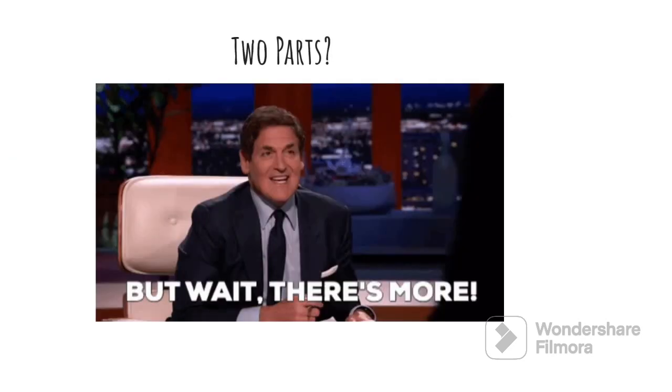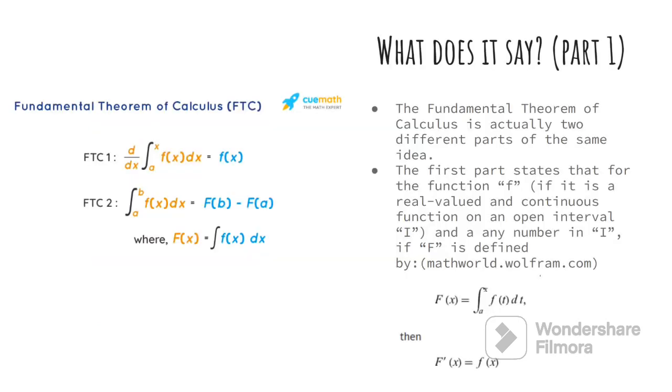So, what if I told you there were two parts of this? Yeah, there are two parts. The first part, which is basically this whole thing right here, states that the function of f, if it's a real valued and continuous function, of course, and let's say it's on an open interval, I like I. Let's go with I. And any number in I, if f is defined by the following function, then you get all of this.